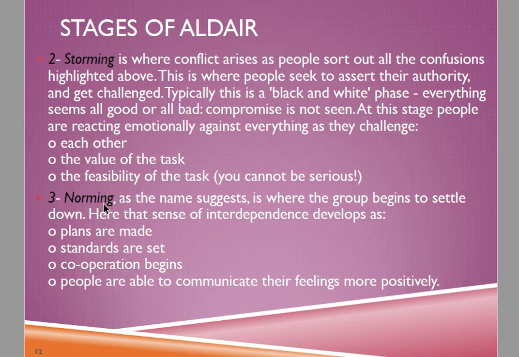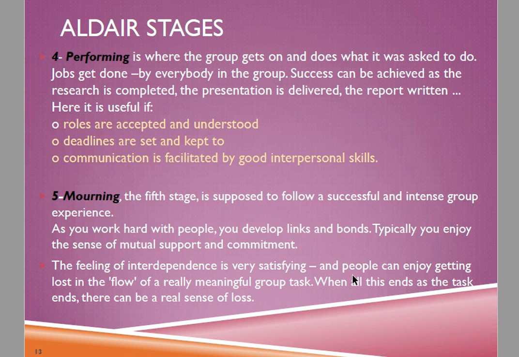Number three, norming. So when we talk about norming, as the name suggests, is where the group begins to settle down. So how we can make a stabilizing stage when we have the norm. So with norm, you put the requirements like plans, standards, cooperation begins. People are able to communicate their feelings more positively.